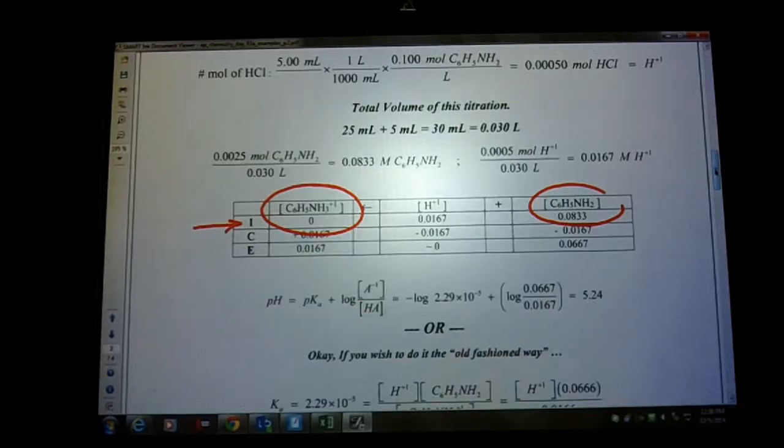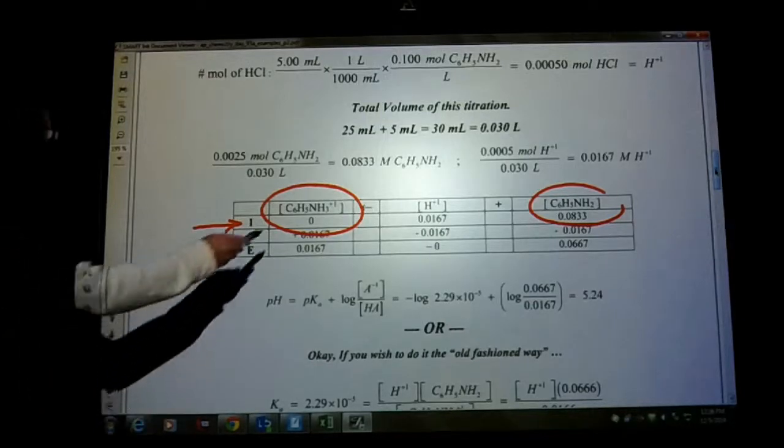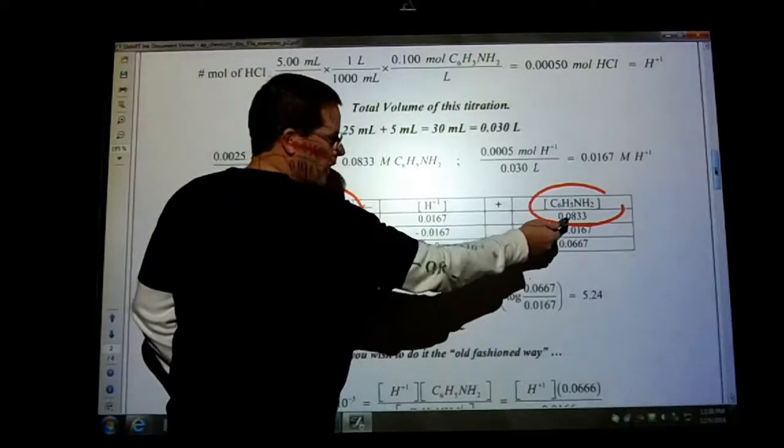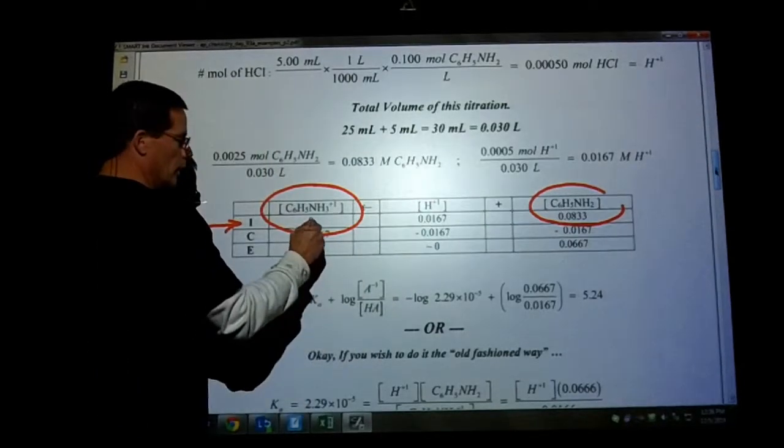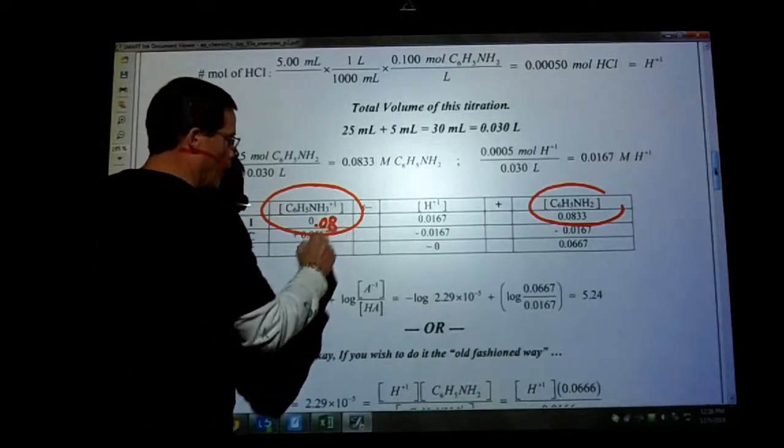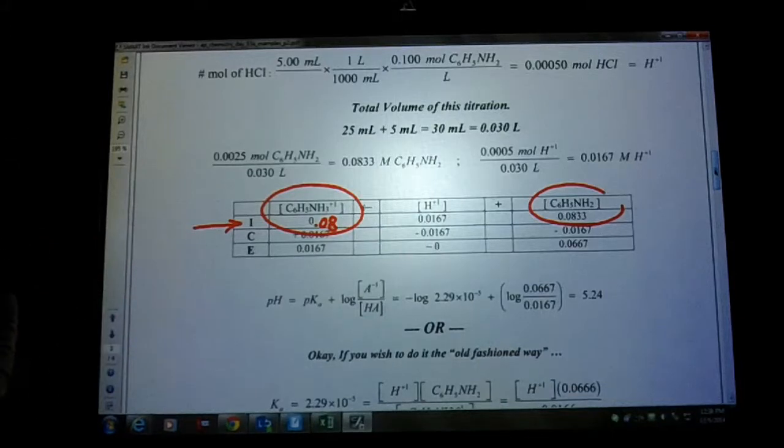No? Why? What makes up a good buffer? We want big numbers here, right? That's not a real big number, but it's definitely bigger than that number. And if we had, say, at least maybe a 0.08 there, would that be a good buffer for this solution? Yeah.